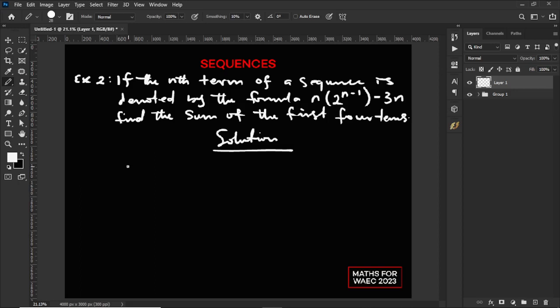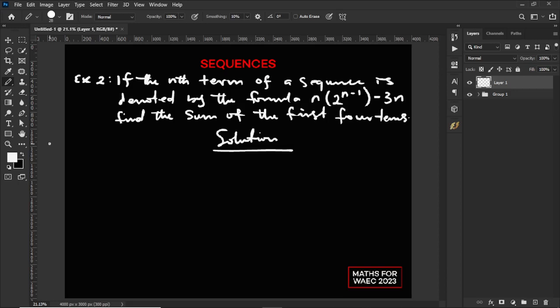Now, in order for you to be able to answer this question correctly, the first thing you want to do as a WAEC student is to first of all know the value of those 4 terms. Remember, I always said in class that whenever you are solving, you should solve explicitly so that when somebody gets there, they don't need to send for you before they understand what you've done. So you don't just come up with a figure.